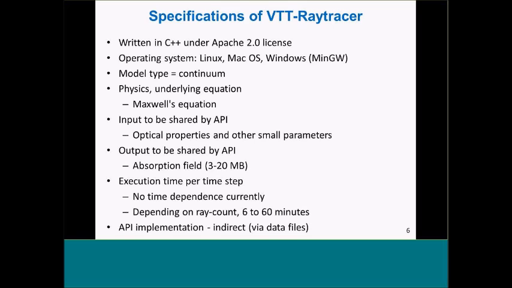This is just some information about the ray tracing API. Maybe interesting here is that the size of the data we move between the thermal model and the optical model can be large or small, depending on how accurate we want to be and how many, for example, rays we trace.